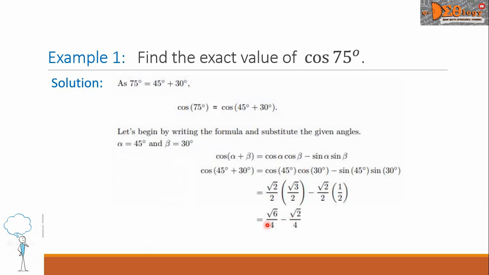Simplifying now, we have square root of 6 over 4 minus square root of 2 over 4. We have a common denominator here, so we'll put this together. So we have square root of 6 minus square root of 2 all over 4. This is the final answer.